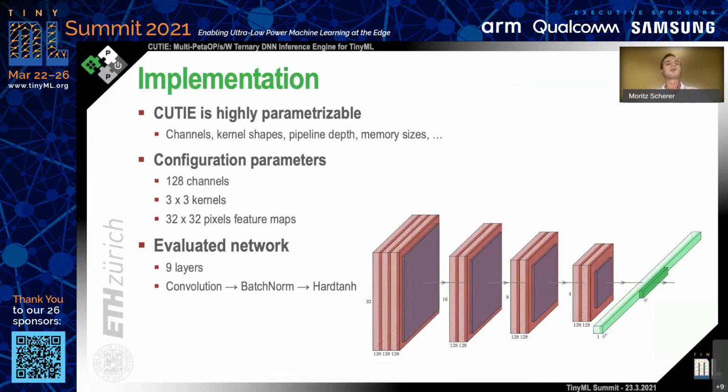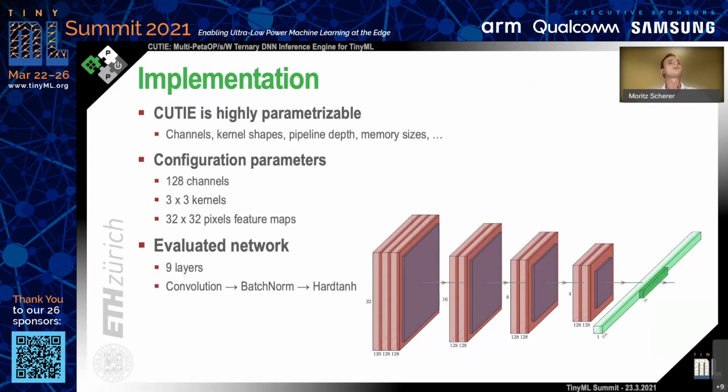And for the sake of evaluating it, we chose an implementation with 128 channels, 3 by 3 kernels, and a 32 by 32 pixel feature map support. And we evaluated a pretty standard 9-layer convolutional neural network that we trained with our own sparsity-aware method.